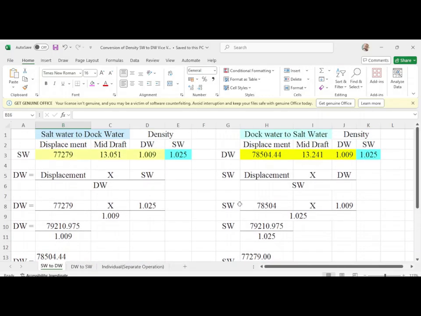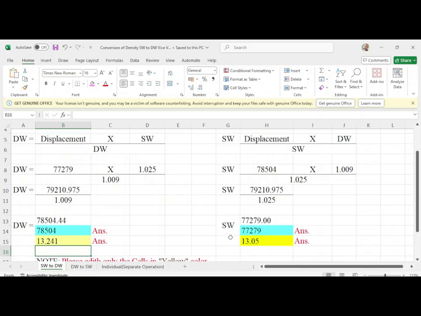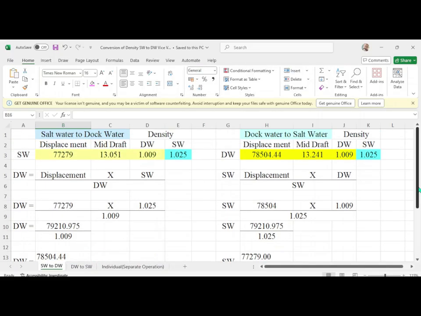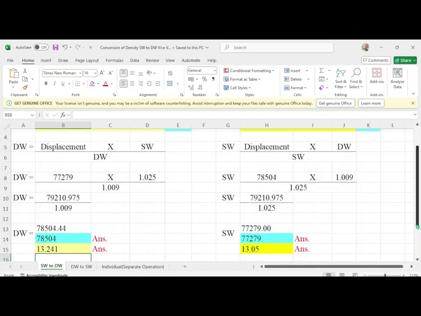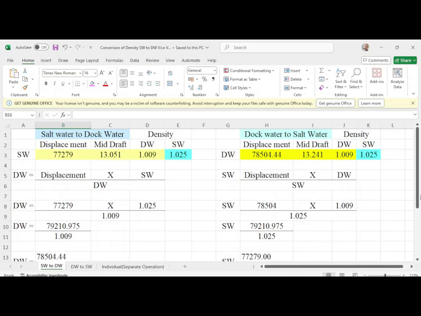This will be salt water displacement equals displacement times dock water density over salt water density. So you put the dock water displacement times your local density 1.009 over your salt water density, and your salt water displacement is 77,279, which is this one. Same here, and your corresponding draft would be 13.051.